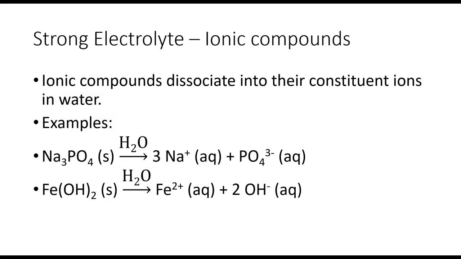So for sodium phosphate, there are 3 sodium ions, so we break it apart into 3 sodium ions and 1 phosphate ion. Iron(II) hydroxide breaks apart into Fe2+ and 2 hydroxide ions. So you want to think about how this ionic compound breaks apart in the solution.